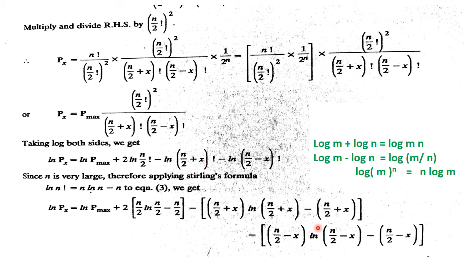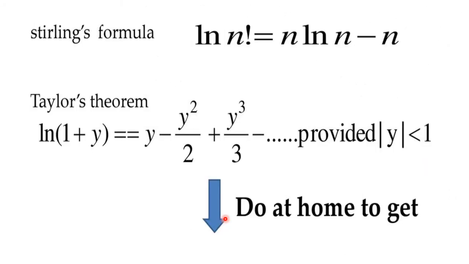Now what we do: simplify this equation after applying Stirling formula and applying Taylor's theorem, which is log of 1 plus y is equal to y minus y square upon 2 plus y cube upon 3 minus y to the power 4 upon 4 and so on, and neglecting the higher terms. This is homework for you.